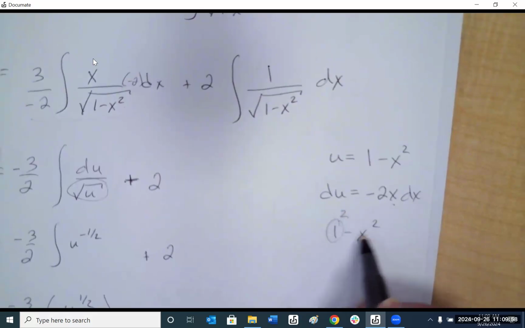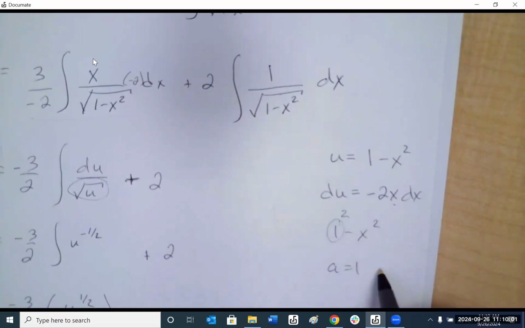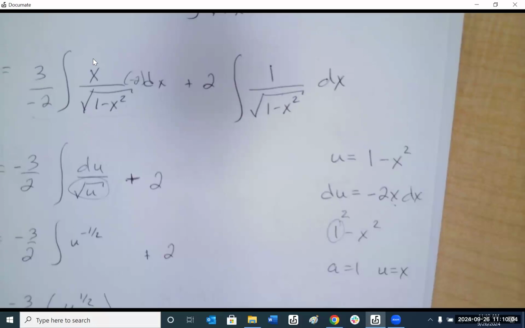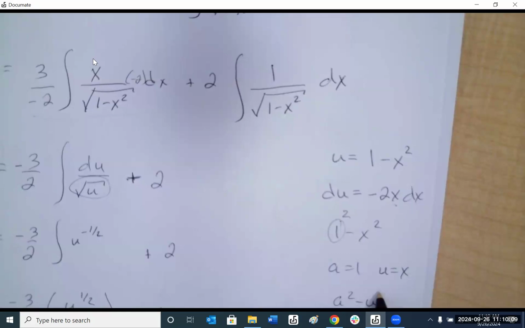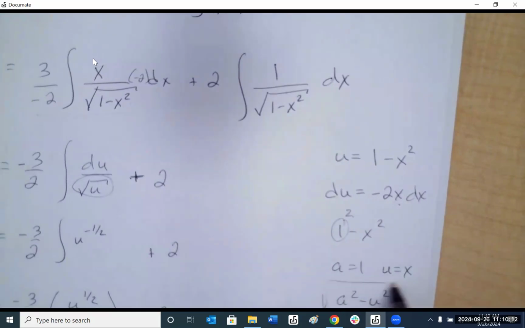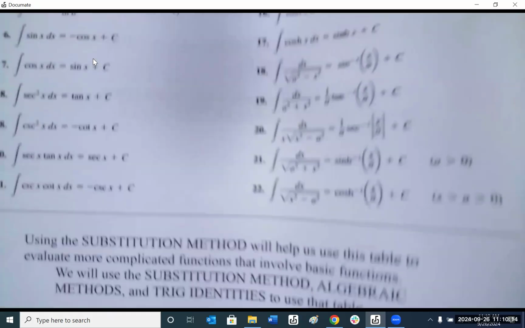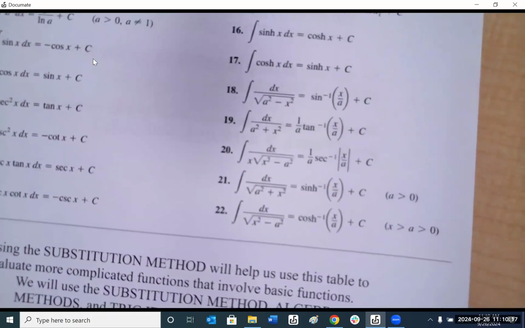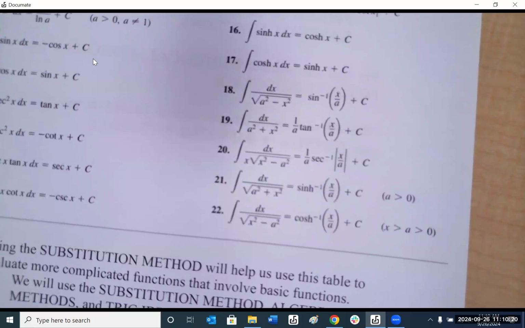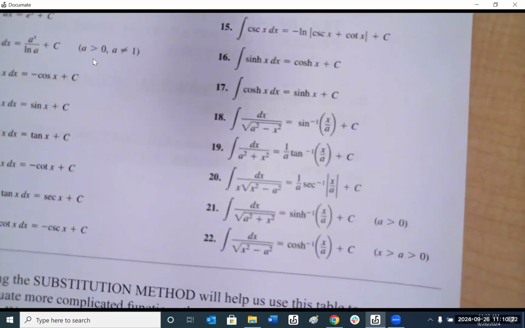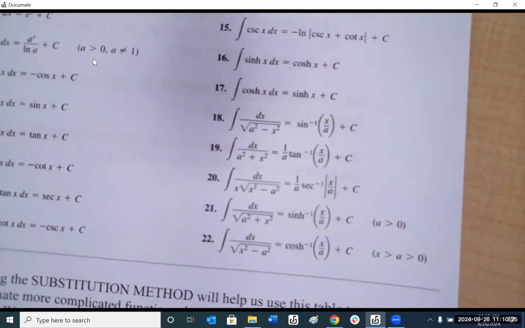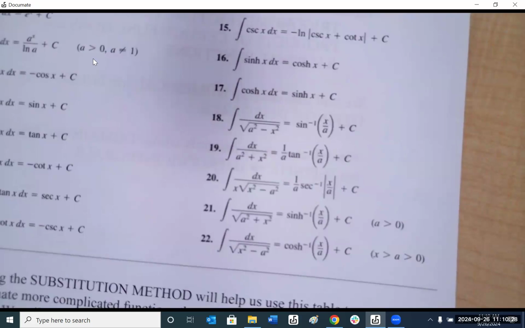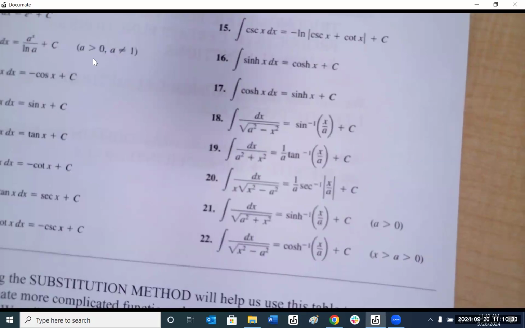It's actually 1 squared minus x squared, so a is 1, u is x. So do we have anything that says a squared minus u squared in the square root on the bottom? The only one that says a squared minus u squared in a square root on the bottom is number, which one? 18. So it becomes the inverse sine of x over a.